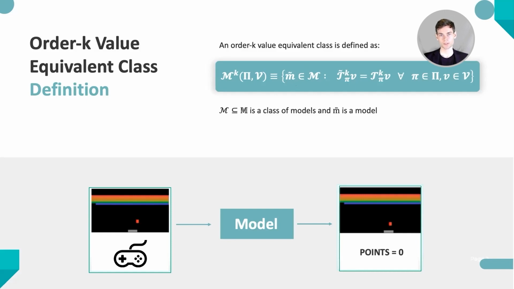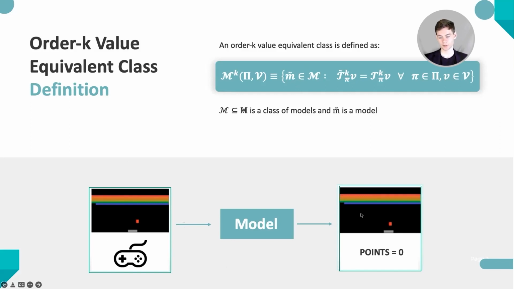And what we mean when we say model is illustrated at the bottom of this slide. So we can see on the left-hand side here that we would have some sort of state at a given point in time and some sort of action that we take, represented here by the controller. Then we would have a model, and the model is intended to model how the environment develops as a consequence of our state and action.